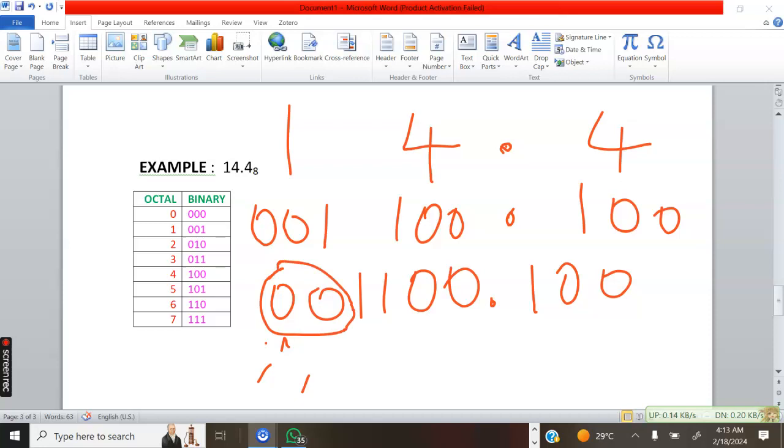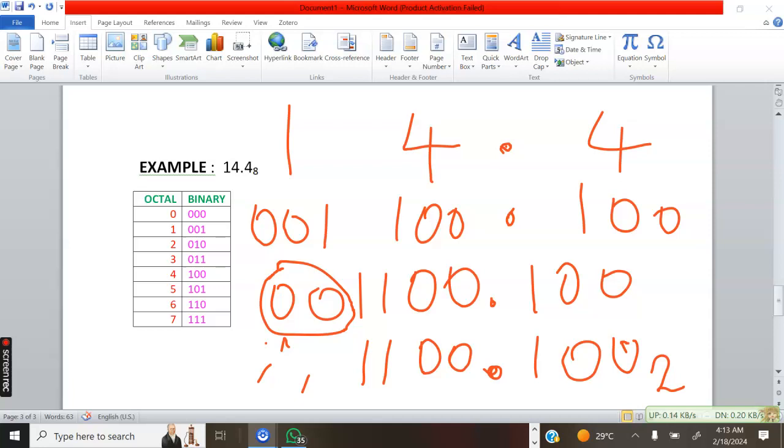So the final answer will be 1100.100 base 2. So that is the answer to that particular question.